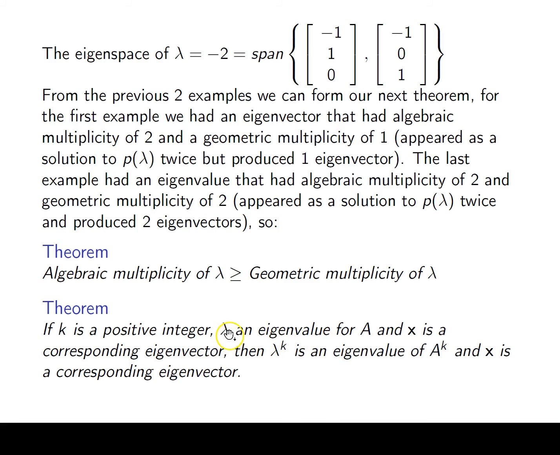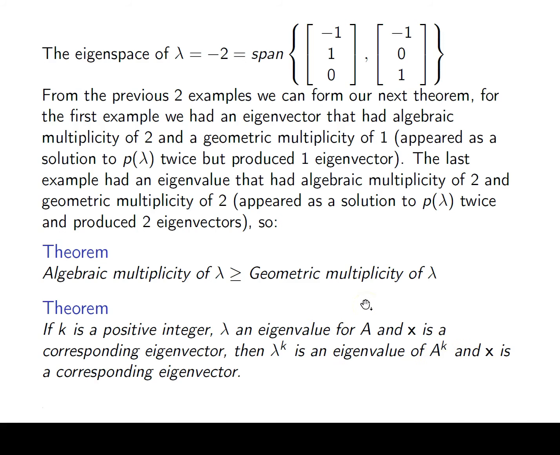So remember, the eigenvalue and the eigenvector go together. Then the kth power of my eigenvalue is also an eigenvalue for my matrix A raised to the kth power, and that eigenvector is still going to be an eigenvector of that matrix A to the k, right?